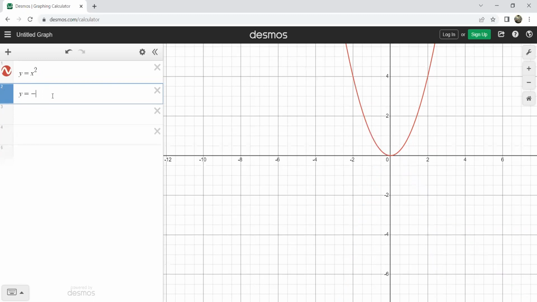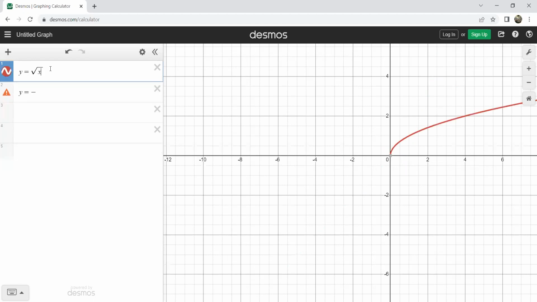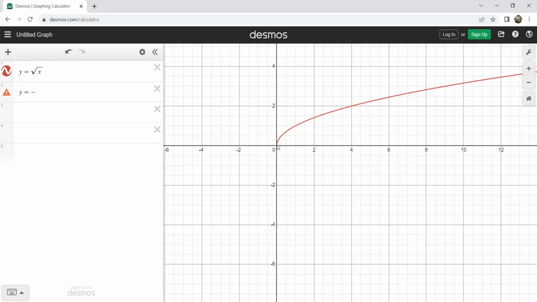Another example. Suppose we have square root of x. This is my square root function. It doesn't take on negative values inside the radical because, for example, square root of -2 is an error in your calculator. It's not a real number. The graph is defined from 0 to positive infinity.